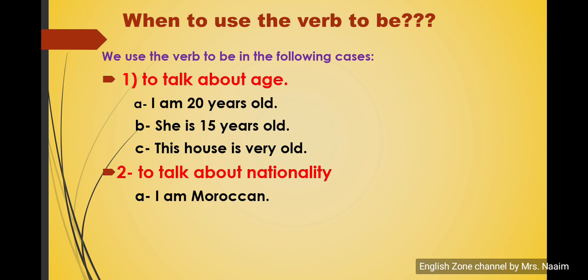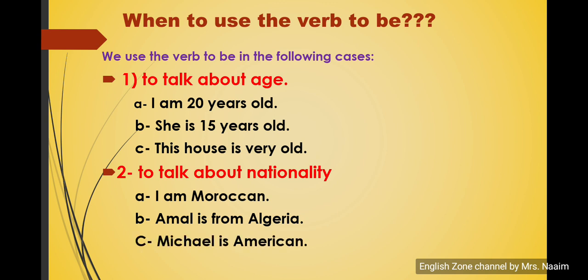Okay. The second example. Amal is from Algeria. Amal is from Algeria. بمعنى أن أمال هي من الجزائر. Okay. هنا نتحدث عن الجنسية. حينما نقول أن أمال من الجزائر بمعنى أن أمال جزائرية. Okay.